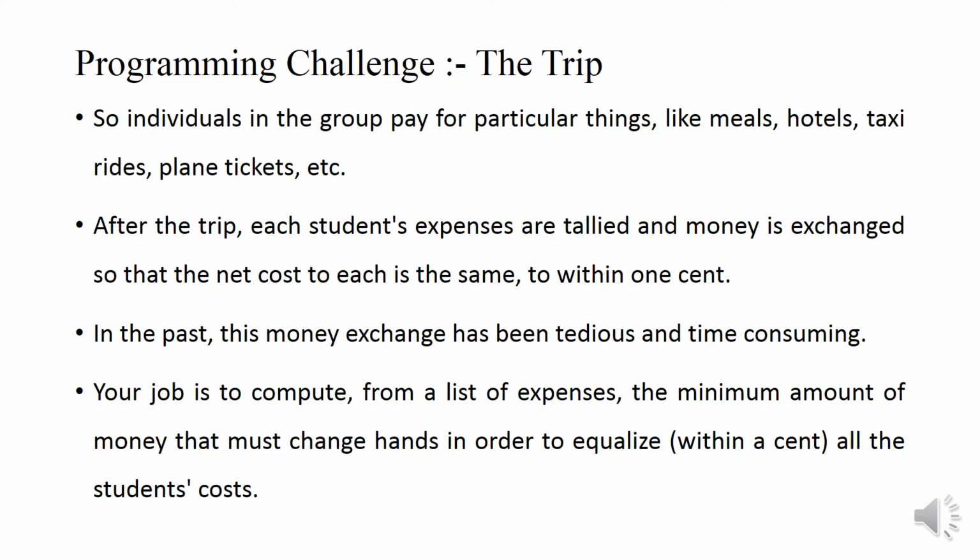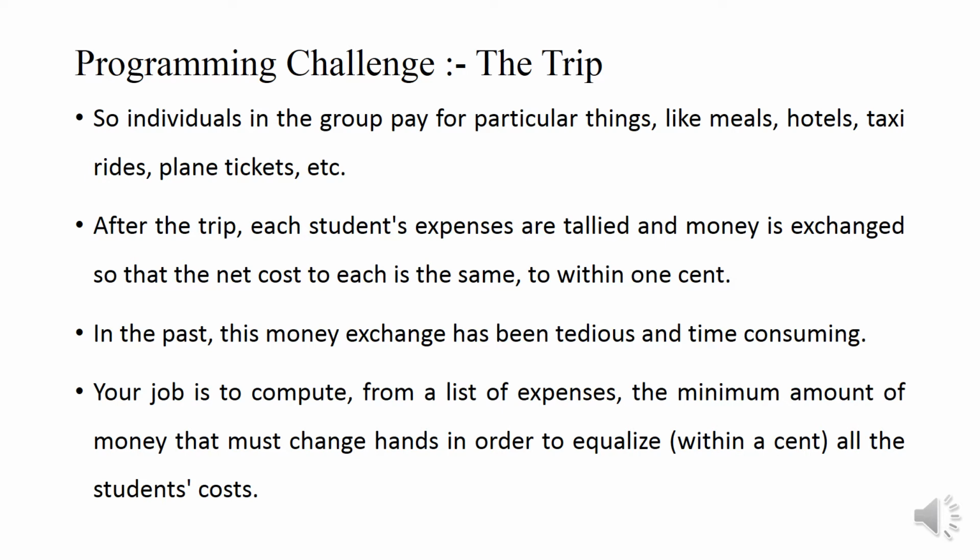After the trip, each student's expenses are tallied and money is exchanged. Some have given more money than the average and some less than the average. That's why they have to take and give. In the past, this money exchange has been tedious and time consuming. So our job is to compute from that list of expenses the minimum amount of money that must change hands to equalize all student costs.